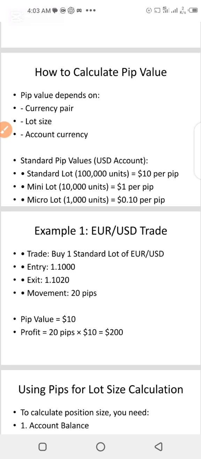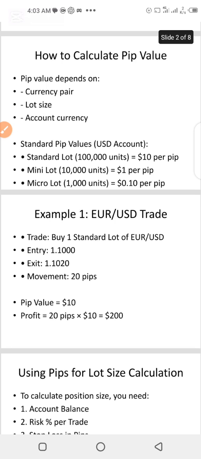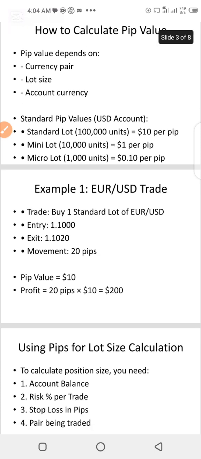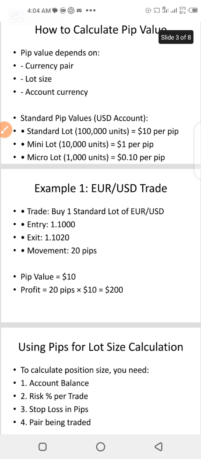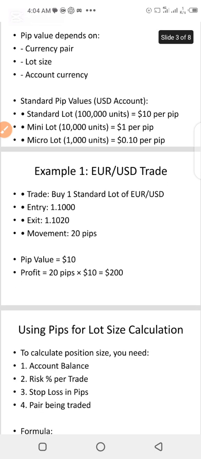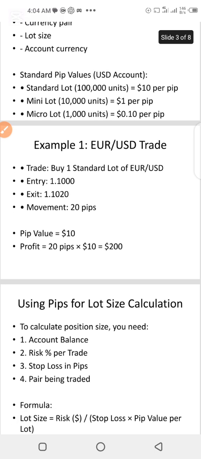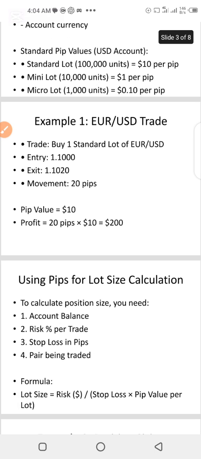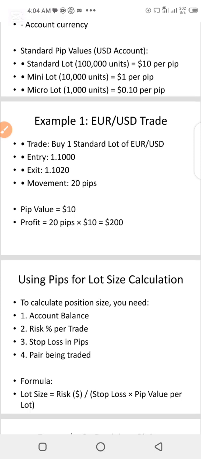So a standard lot size starts from $10 per pip. A mini lot size has 10,000 units and it starts from $1 per pip, while a micro lot size has 1,000 units and it starts from 10 cents per pip.